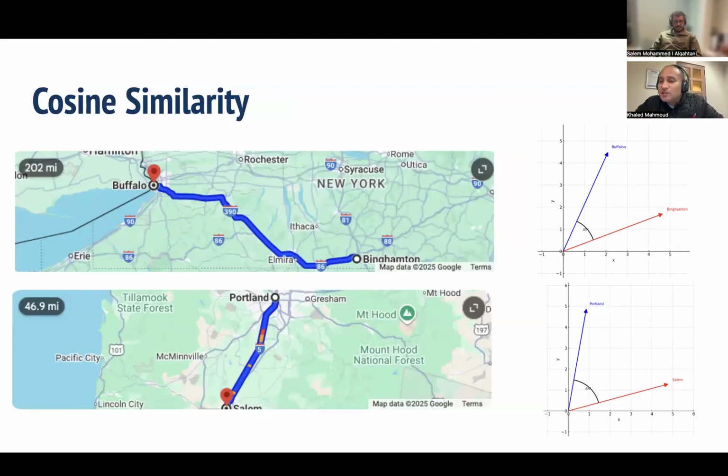In recommender systems, for example, you have a product and another product, and they represent each product as a vector. Once you represent two products as vectors, for example, one as Binghamton and one as Portland, you can measure the angle between them and say these products are similar. And if a customer bought the first product, I can recommend that he buy the second product.